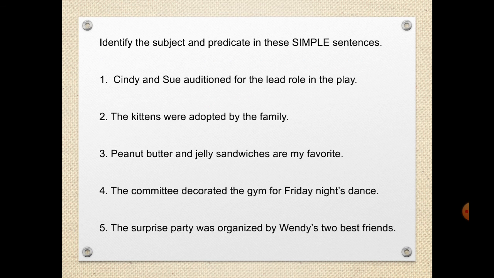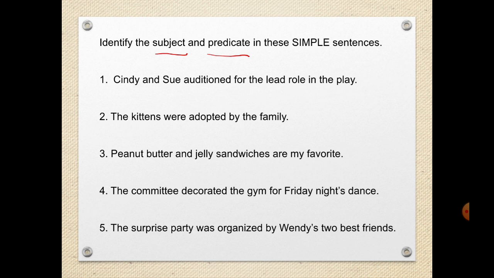All right, so here's an exercise on simple sentences. Let's see what we can do together. The instruction is: identify the subject and predicate in these simple sentences. We have the first one: Cindy and Sue audition for the lead role in the play.